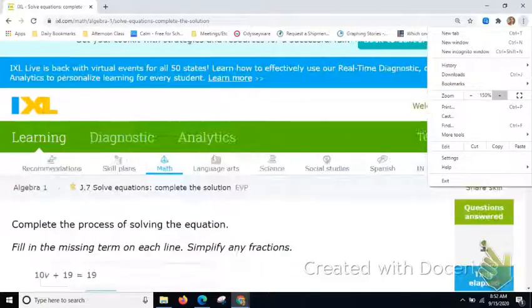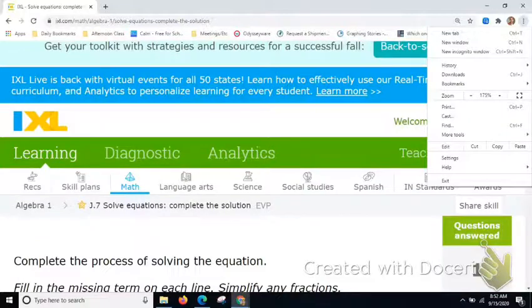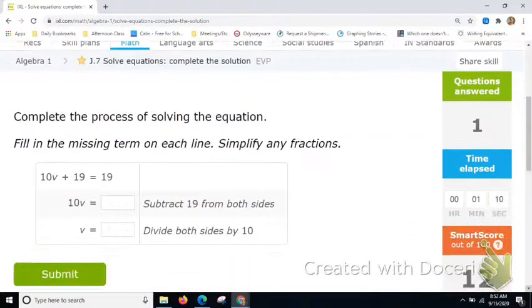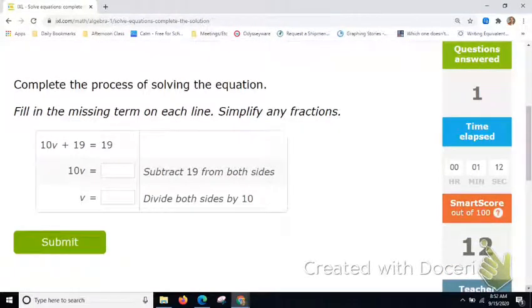So you're going to have some problems at the beginning of J7 that they are going to tell you what to do, and you're just going to carry it out. So I'm going to subtract 19. Well, that's 0. 0 divided by 10 is 0.